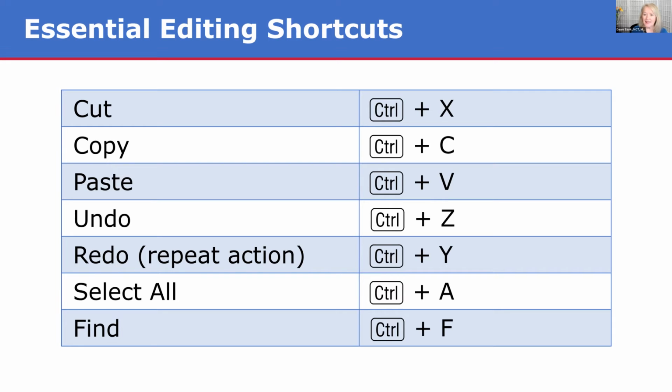So Control-X, Control-C, Control-V, Control-Z. These are all actions that we can even use in our browser and other programs that we use every day. So definitely make sure that these are ones that you have in your library of keyboard shortcuts.